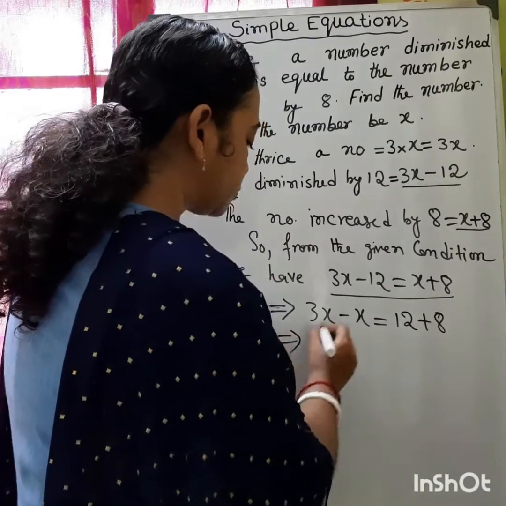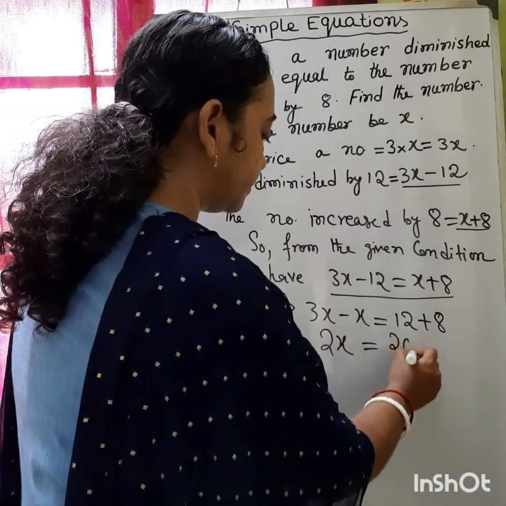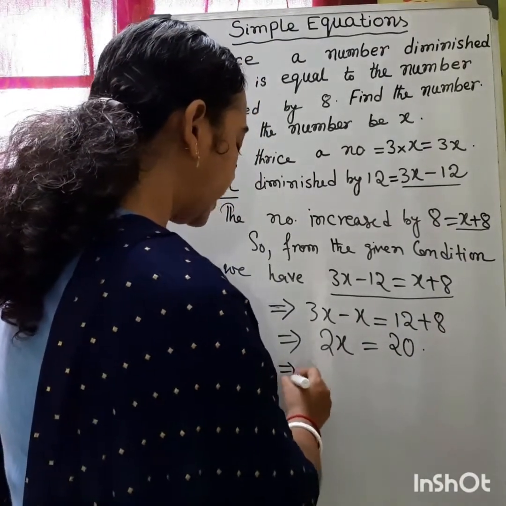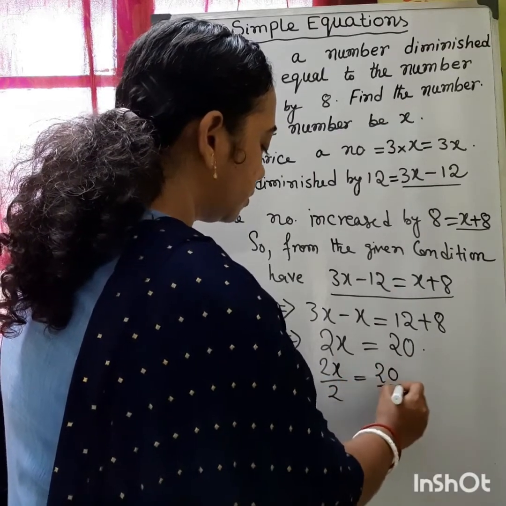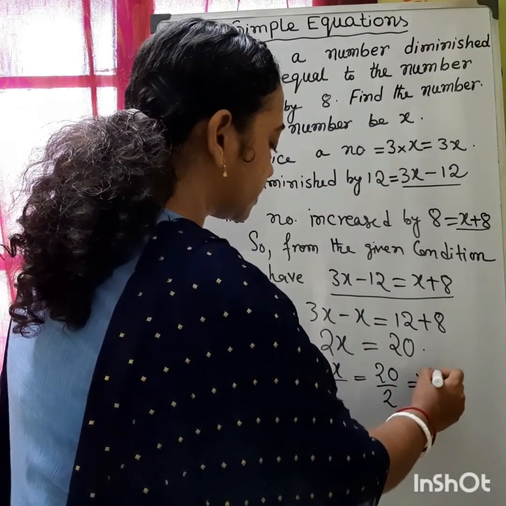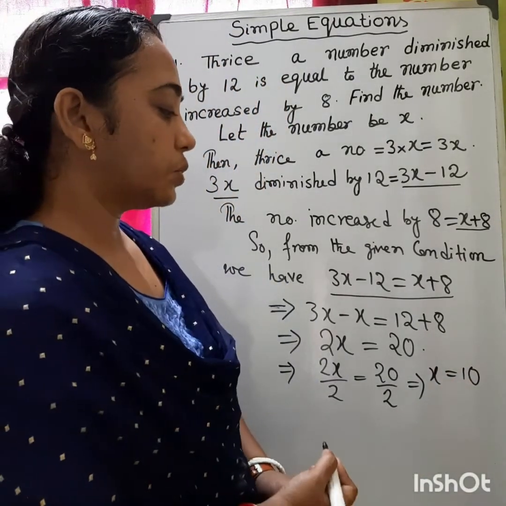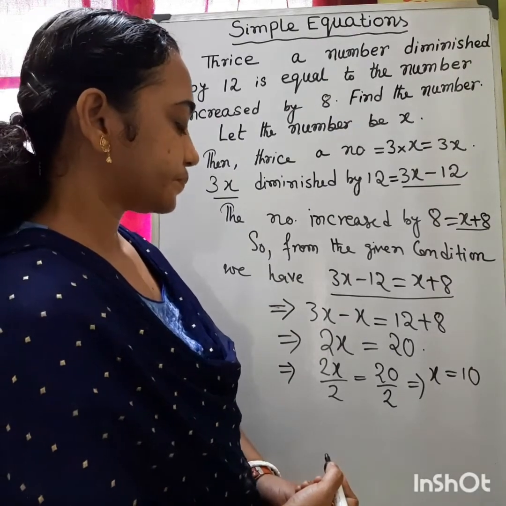So this implies 3x minus x becomes 2x is equal to 20. Now dividing both sides by 2, we get 2x by 2 is equal to 20 by 2, which implies x is equal to 10. So x equal to 10 is the solution of this equation.